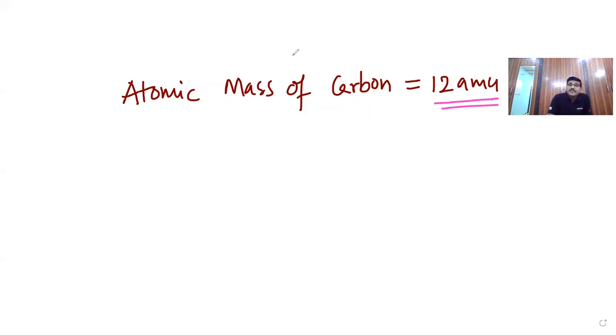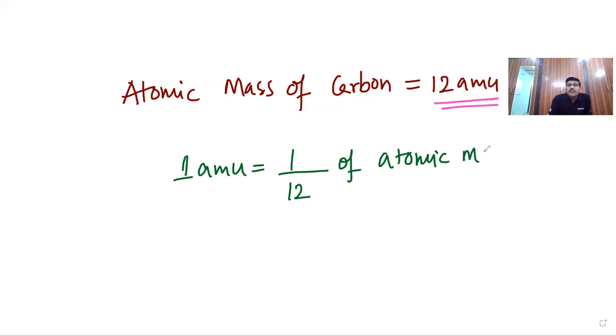Now I can express it in reverse also. 1 AMU is equal to 1 by 12 of the atomic mass of carbon.